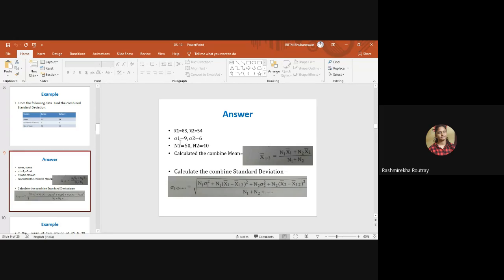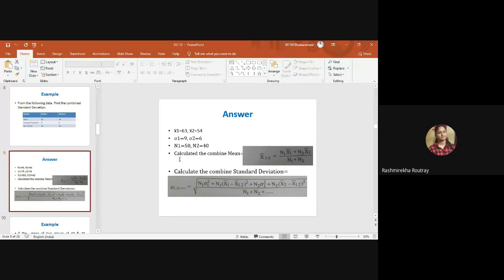Standard deviation sigma 1 for the first series is 9, and sigma 2 for the second series is 6. The number of observations is 50 for the first series and 40 for the second series.